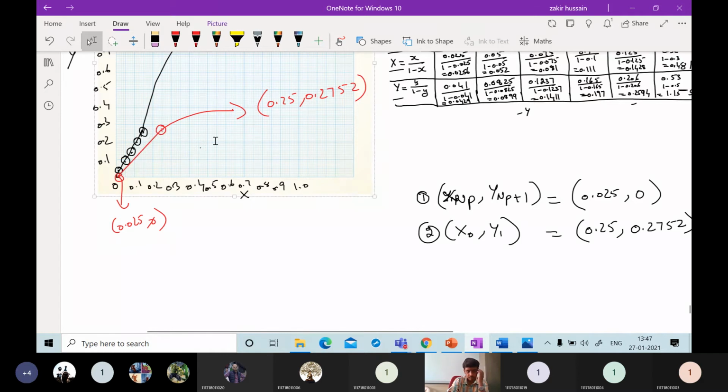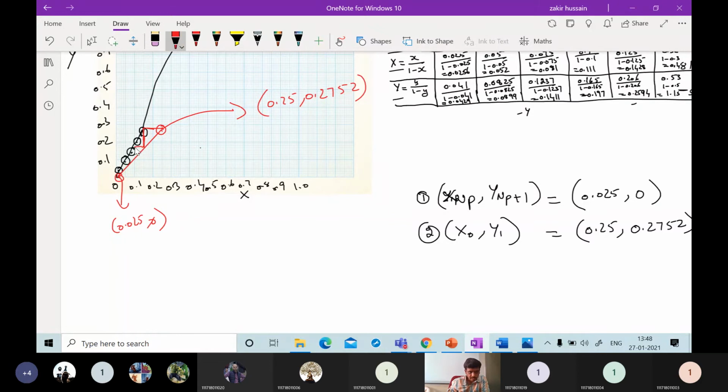Then this point is called your operating line. Starting from your x0, y1, we have to draw the horizontal line until it reaches the equilibrium curve, then the vertical line until it touches this operating line.